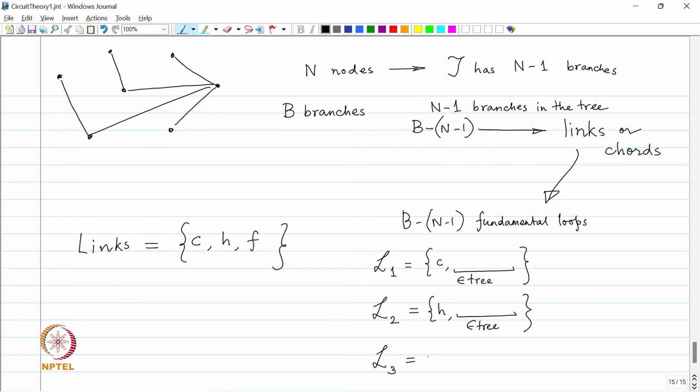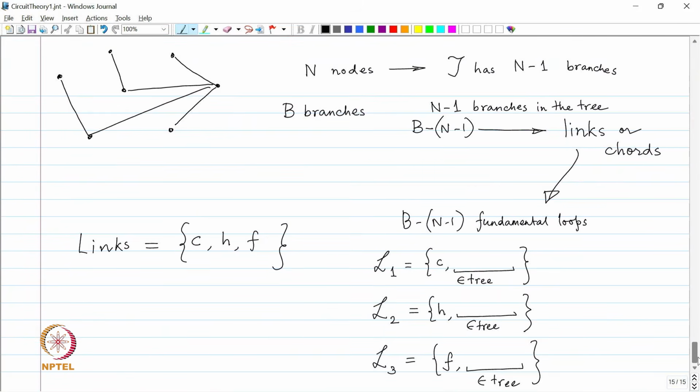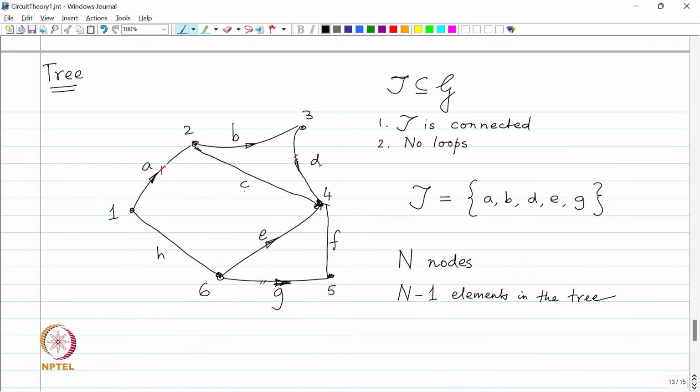L3 should be F and the remaining elements should be part of the tree. Okay, that is my plan. So, if you look at your graph, which all, C, H and F.